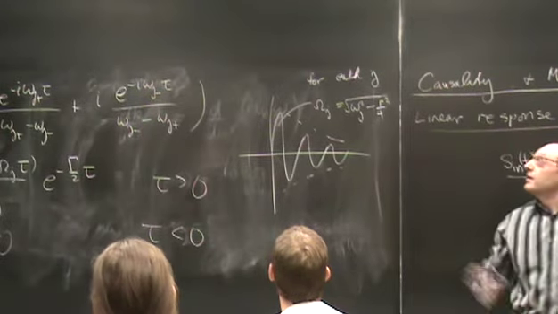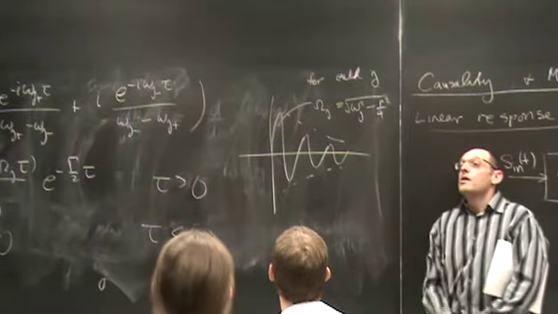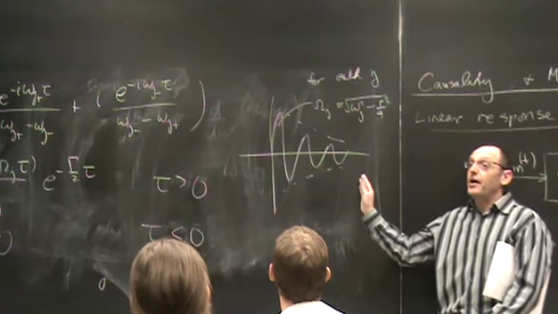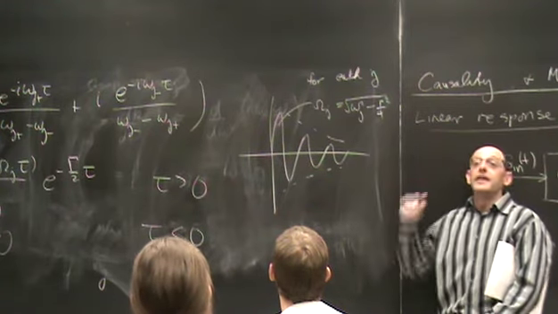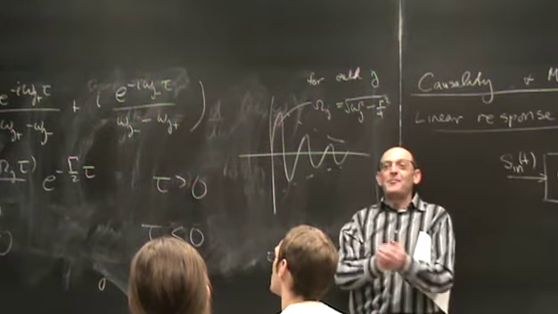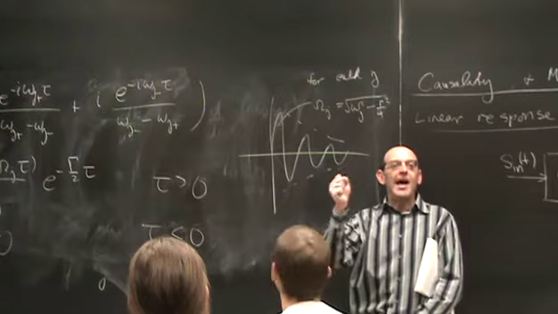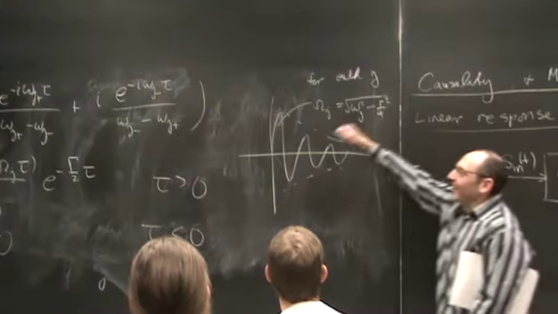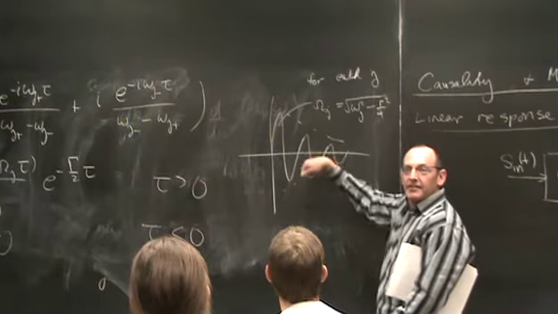So, what does this mean? Remember what we said is that the response function is the impulse response. What are we doing? We have a harmonic oscillator. I have a ball-peen hammer. Bing. It rings.